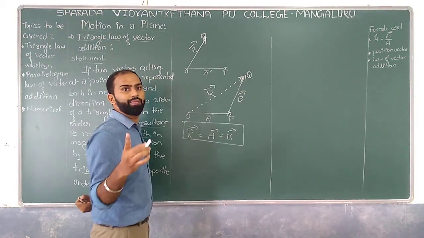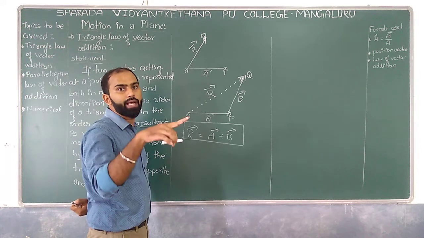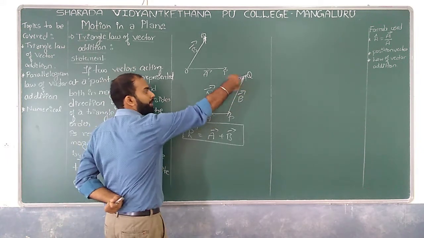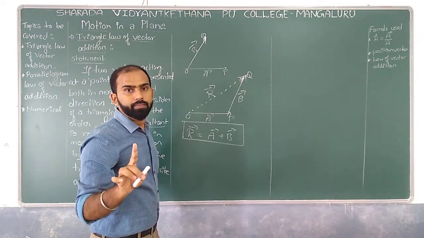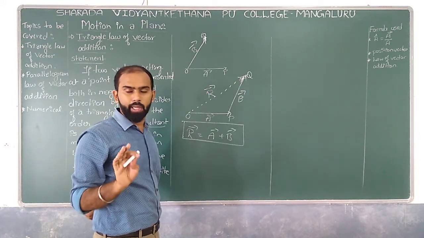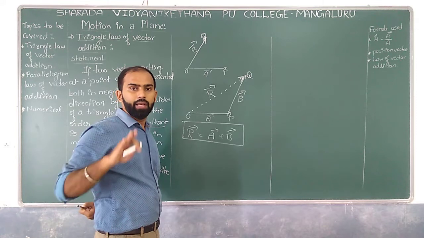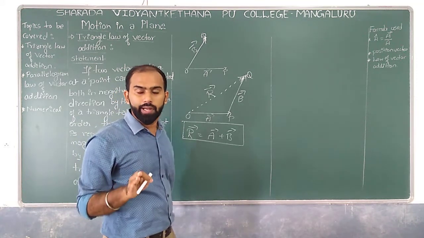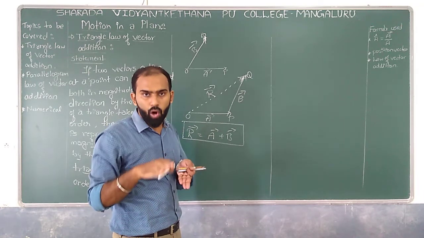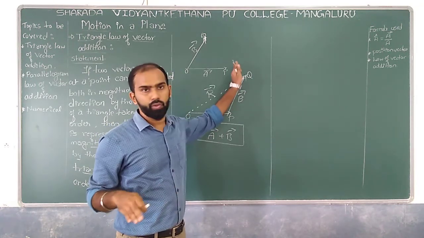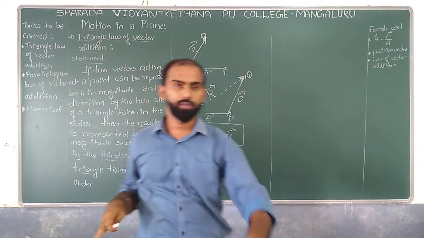But the third side we have taken as opposite in direction. Actually it would be from here to here, but we have taken the opposite order. That gives what? A resultant vector. So remember this particular point. Whenever we are taking a resultant, it should be opposite to the direction of the proper order. So hope this point is clear for you.